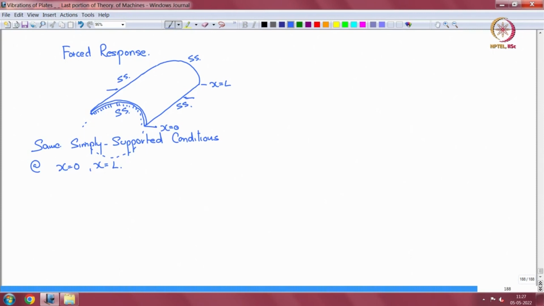So, what happens is you have to put simple support conditions here. That means what? Let us say this is x, and that is theta. And let us say this total angle is gamma, and this radius is a, and we are measuring theta from here.